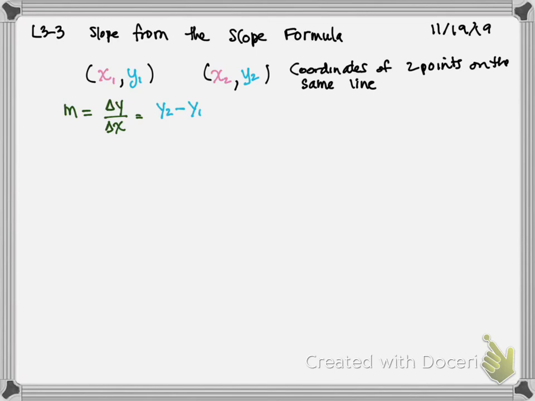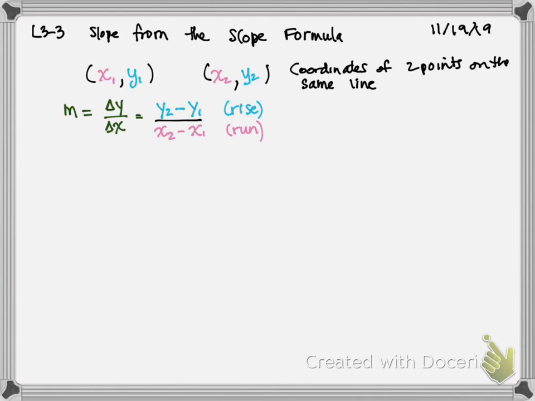That order doesn't matter, but once you make a commitment, the guy underneath has to be from the same ordered pair. Because I put the y sub 2 in front, under the y sub 2 goes its partner, x sub 2. Okay? So, again, on top we've got rise, and on the bottom we've got run. So that's how we're transitioning away from that to this.